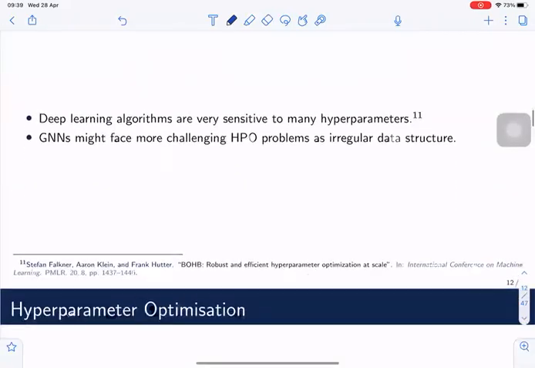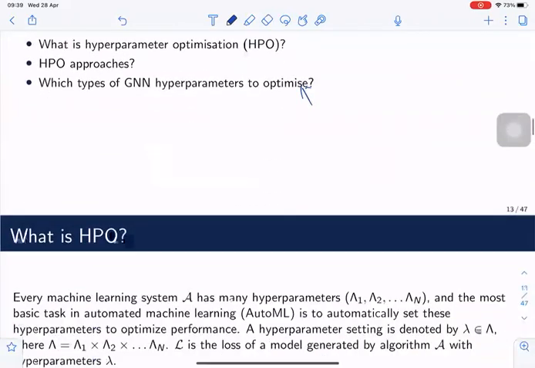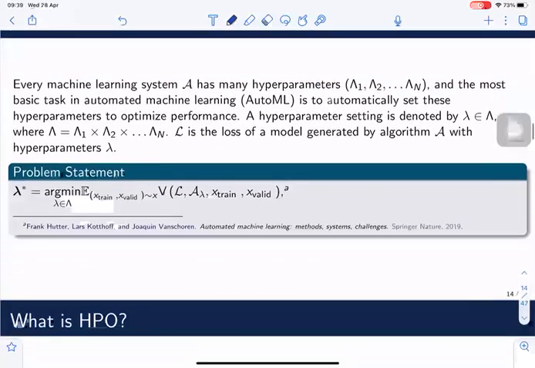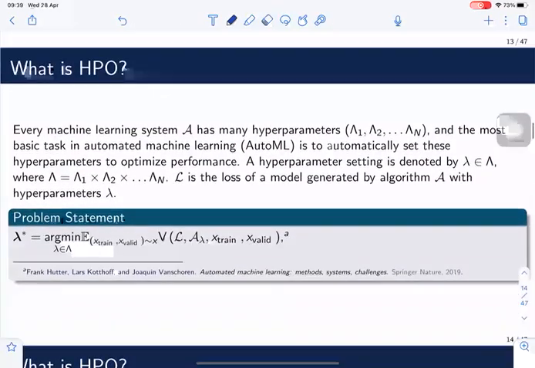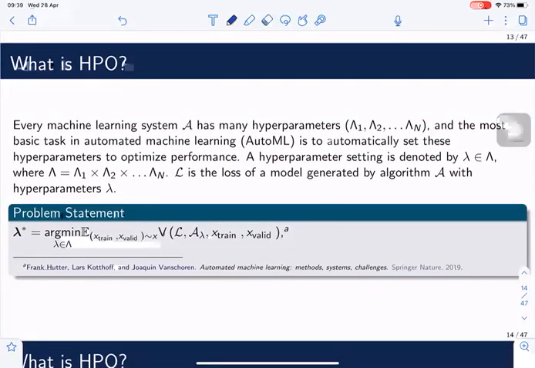Okay, let's see the problem statement of what HPO is. If we have a learning algorithm A, and it has many hyperparameters, all these hyperparameters form the entire search space.